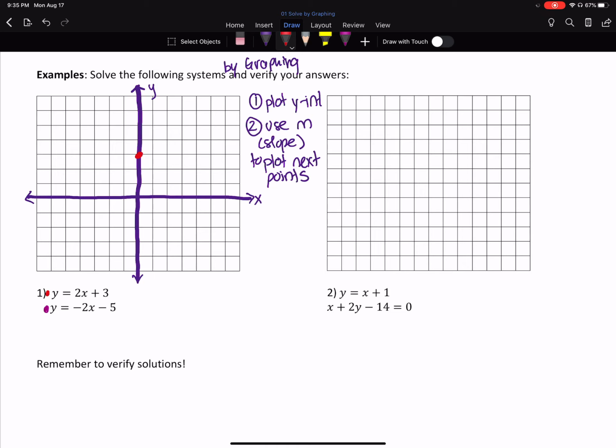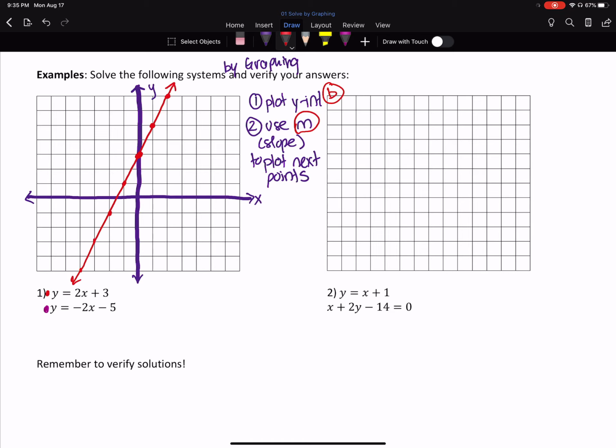So y-intercept is b, and the slope is m, which is the number in front of x, so it's going to go up 2 over 1, up 2 over 1, and I can even go backwards in my pattern, and then with a ruler, which I don't have, I'm going to graph it.